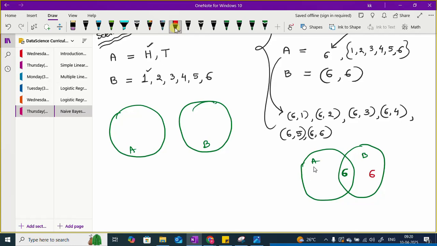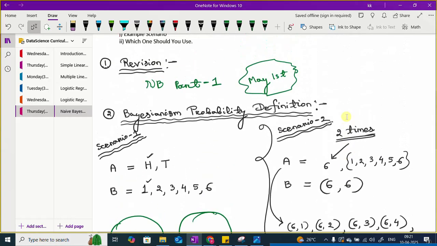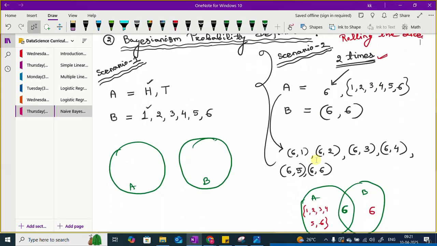But for A it may be 1, 2, 3, 4, 5 or maybe 6 also. Out of these combinations, any one will be picked, and obviously one time will be 6. But for B it is obviously 2 times 6. Why 2 times? Because I am rolling the dice 2 times. Clear? That's what it is telling.